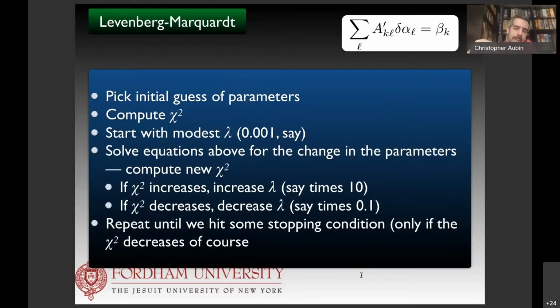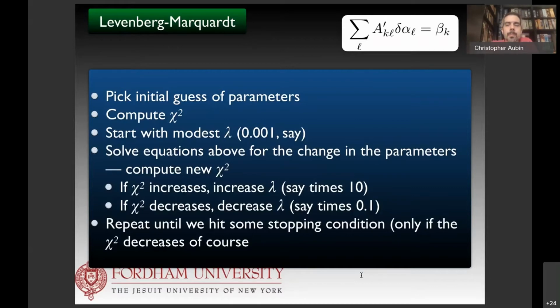But if you haven't hit the stopping condition, decrease lambda, because you're going in the right direction. You don't want to make drastic changes anymore. And so you might divide by 10, and then keep going until you hit some stopping condition. And again, you never stop if the chi-squared increases.